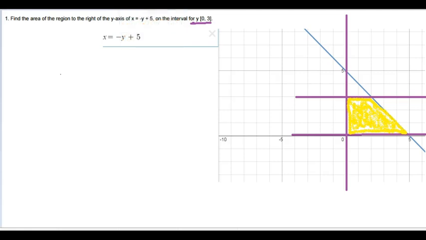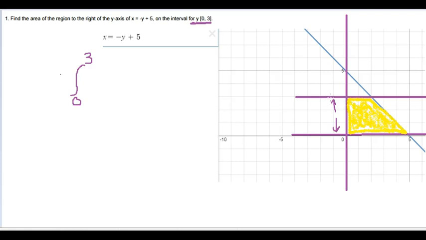So the process for doing this, again, is you're evaluating the integral on the interval. So in this case, you evaluate the integral. My interval is 0 to 3, so I've got a lower bound of 0 and upper bound of 3. And what's nice about these, by the way, is that the lower bound is actually lower on the graph. The upper bound is actually up on the graph.